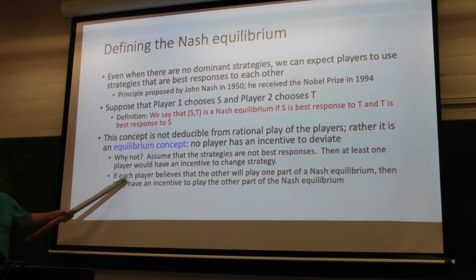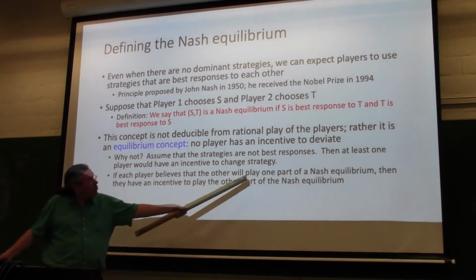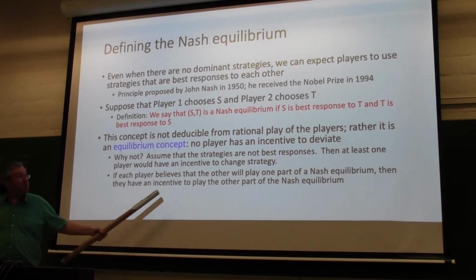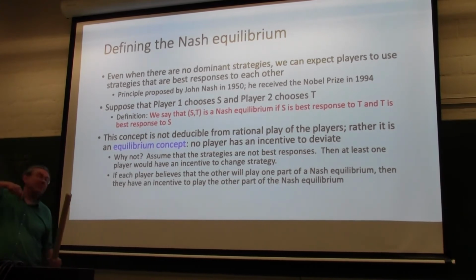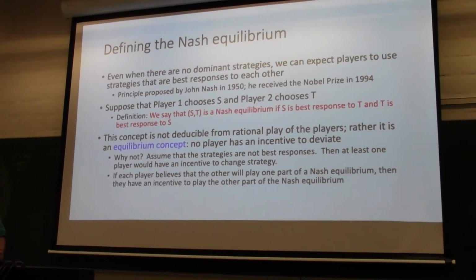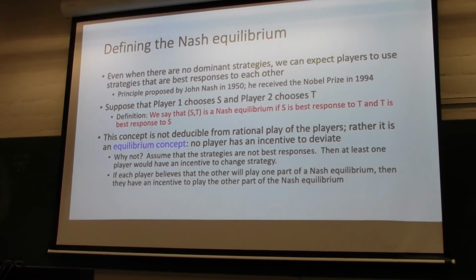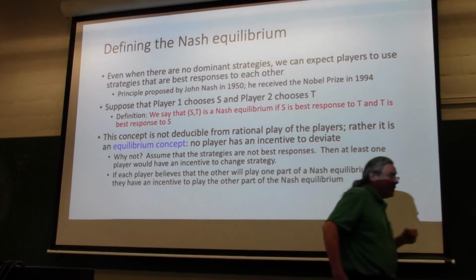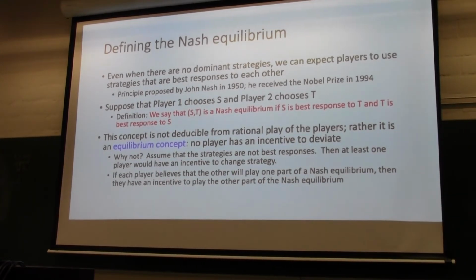So if each player believes that the other will play one part of the Nash equilibrium, then they have an incentive to play the other part of the Nash equilibrium. So there's actually an incentive for both players to choose the Nash equilibrium. This is going beyond the simple maximizing thing. Now we have an incentive.